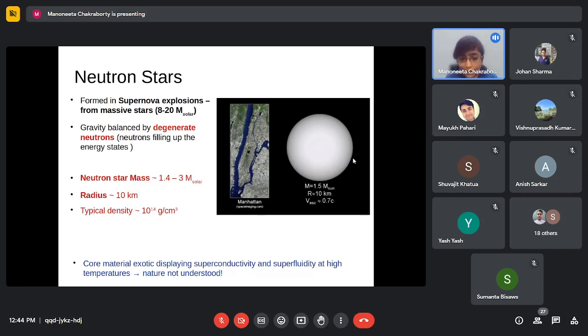What do I mean by that? I mean that we can see superconductivity, superfluidity, and various other exotic phases of matter, even at very high temperatures. There was recently a very big news regarding superconductivity at room temperature, right? Inside the core of a neutron star, we see it all the time. But the nature of matter in such a situation is not very well understood.